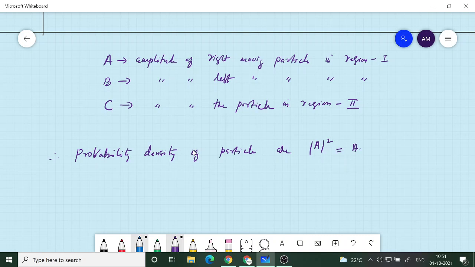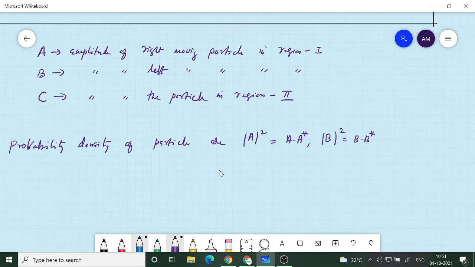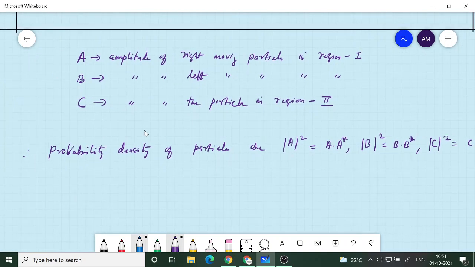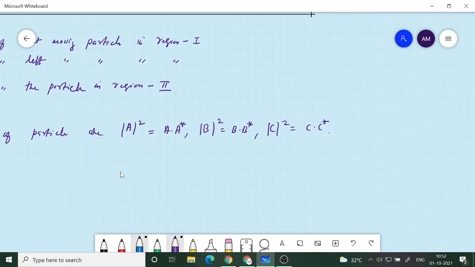This is basically a into a star, and then b square is basically b into b star, and then you have c into c star respectively. Okay, respectively means with respect to the definitions I gave for A, B, C. So the corresponding probability densities of the particle are these.